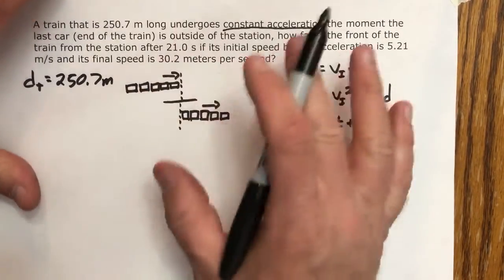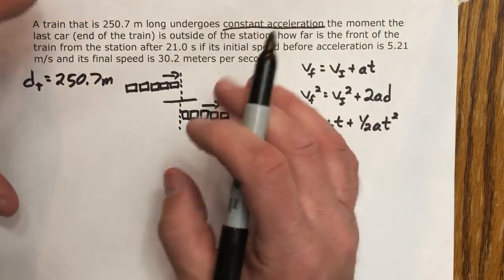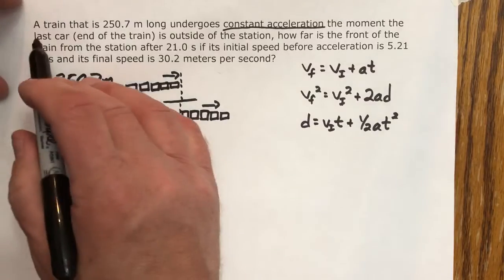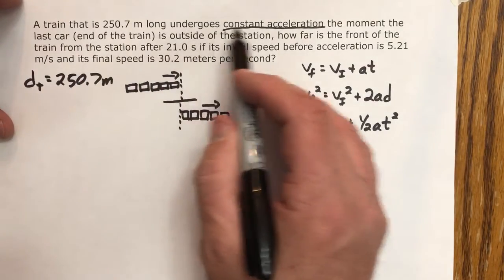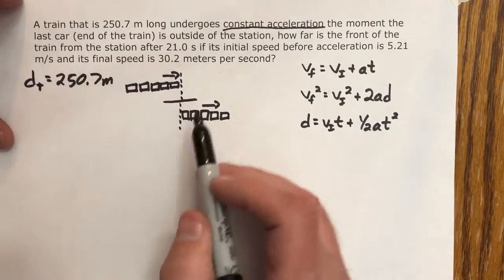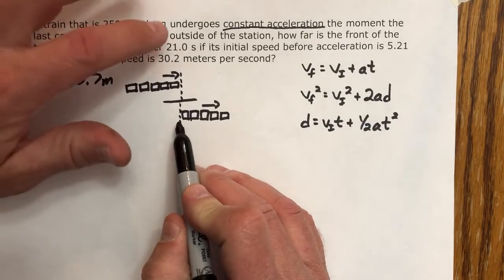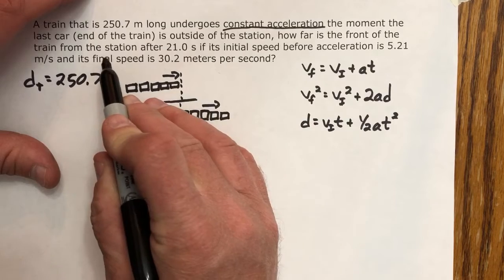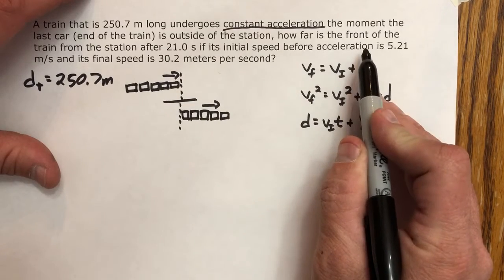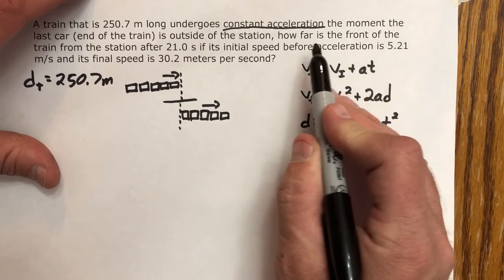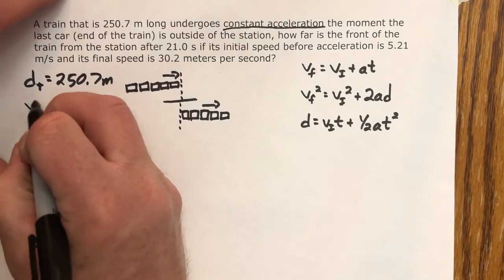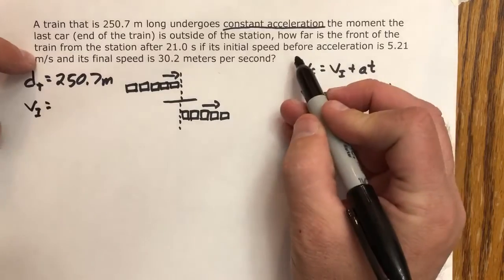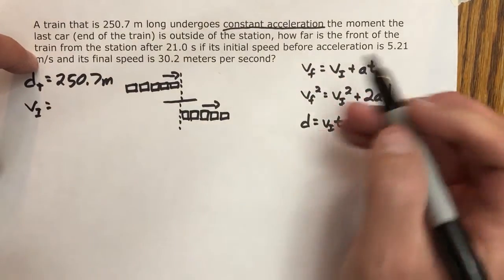So let's read it again. It's common to read questions 3, 4 and 5 times to try and understand what is happening. The train is this long, undergoes constant acceleration. The moment the last car, so right here, is outside the station, it sounds like the train speeds up. It accelerates from an initial velocity of 5.21, because it says initial speed before acceleration is 5.21.